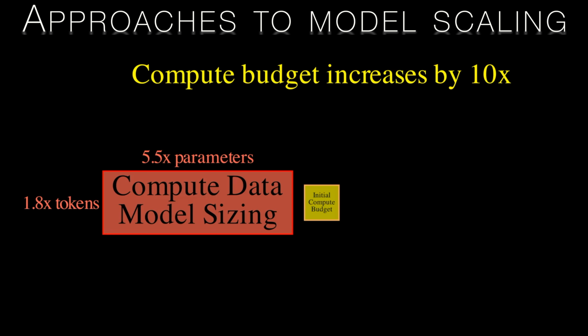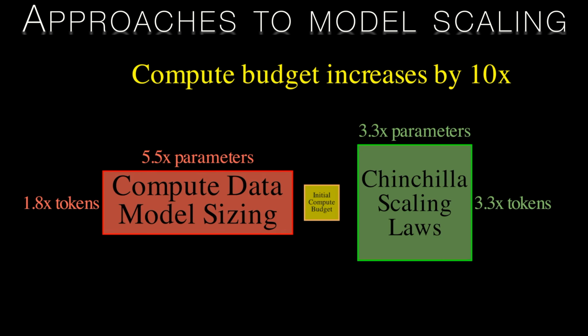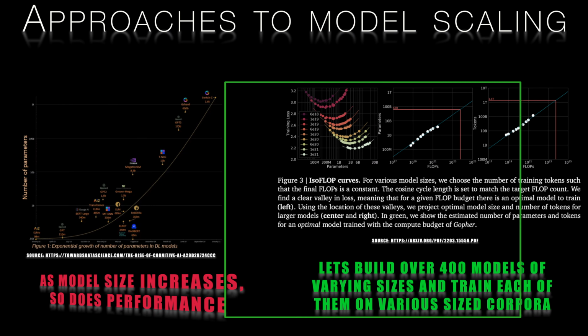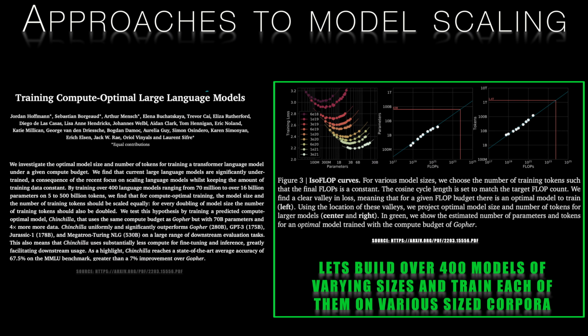So for a 10x increase in compute budget, you would increase the parameters by 3.3 and the tokens also by 3.3. This was based on empirical observations on training over 400 models, with parameters ranging from 70 million to 16 billion, and on 5 billion to 500 billion tokens.